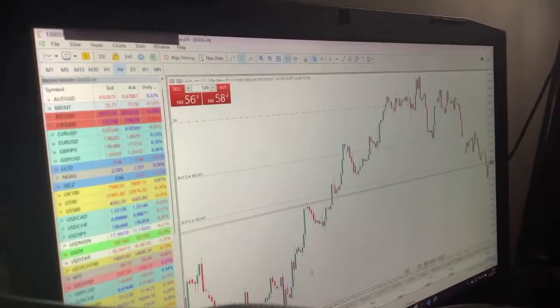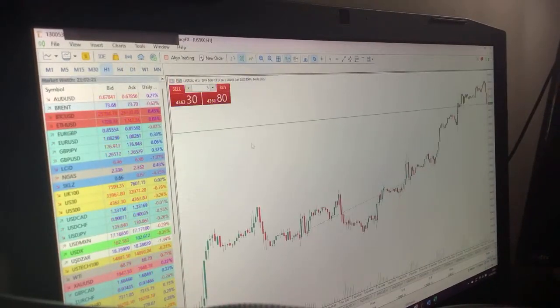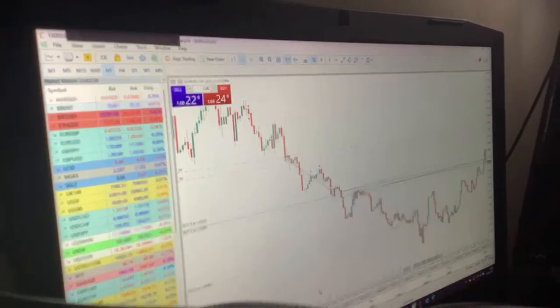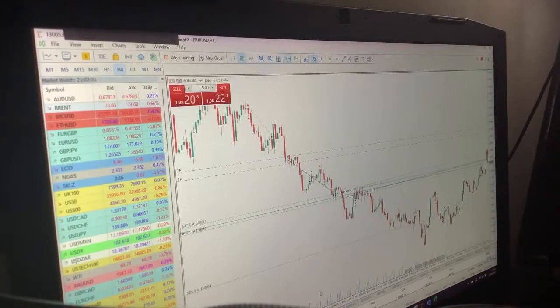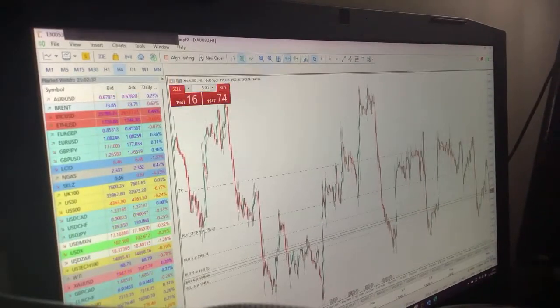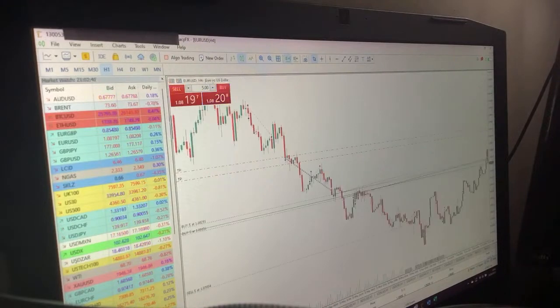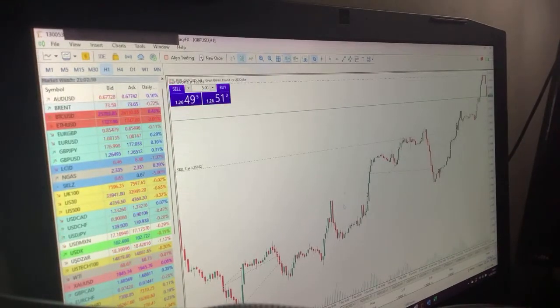I'm buying the US dollar indexes. It should do recovery, it shouldn't be selling. So we wait and see what's happening.